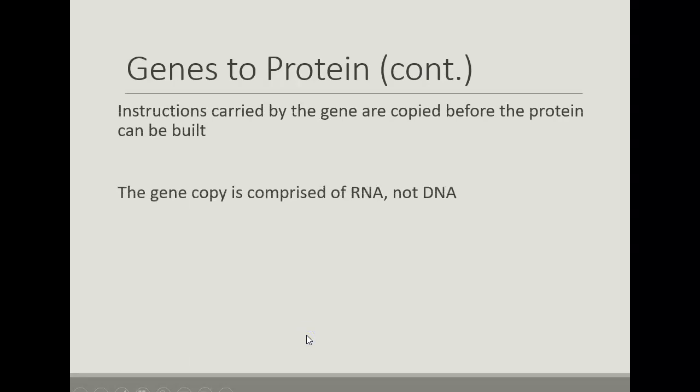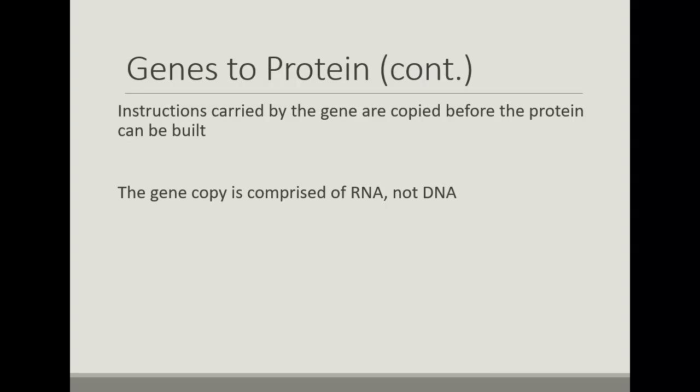The instructions, once again, are located in our DNA. But if you remember something we were talking about, our chromosomes, our genes, don't leave that nuclear envelope with the exception of during the mitotic phase. That's the only time when we have the contents of our nucleus actually leaving the nucleus.